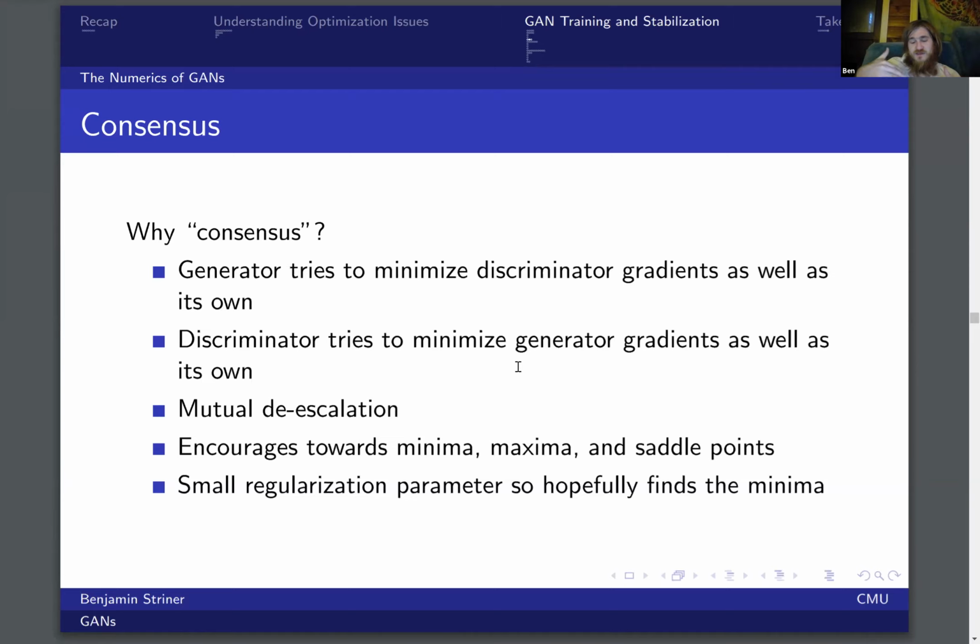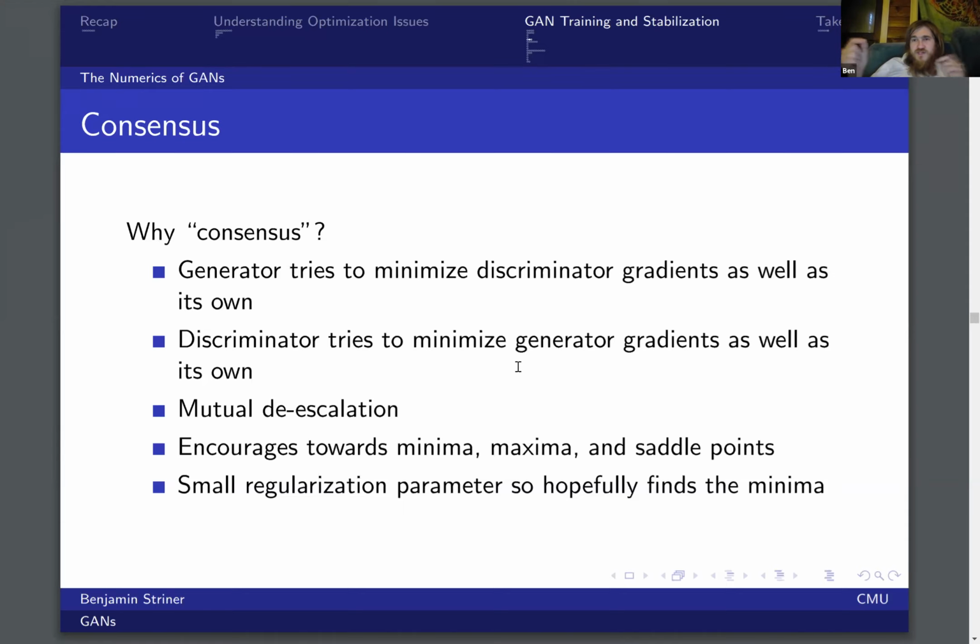There is the goal, as in regular GANs, where the generator does the best it can and the discriminator does the best it can, but hey, if we could agree to not fight and move around so much, that's the right way to go. So we get this extra regularization term, which is de-escalation, and it means let's go towards saddle points, let's go towards minima, let's just settle down and find something small.